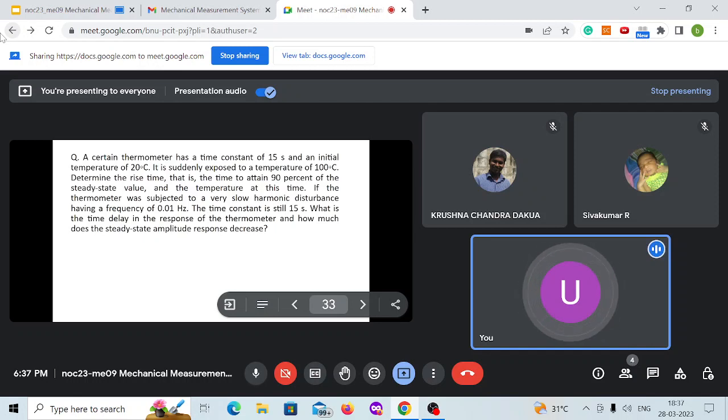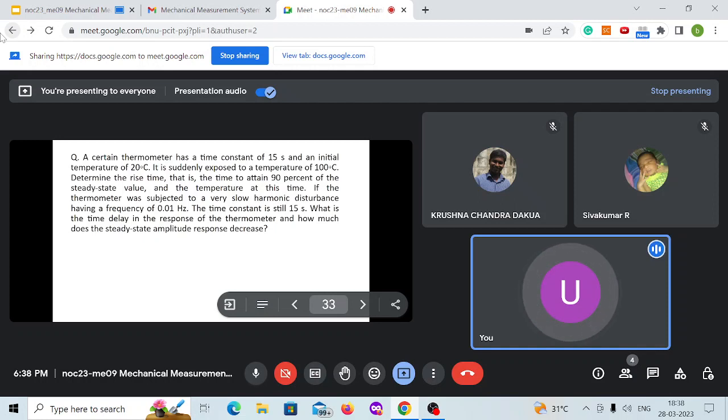Now for the next part of the question, the same thermometer is subjected to a very slow harmonic disturbance having a frequency of 0.01 hertz. In this case the time constant is still 15 seconds.